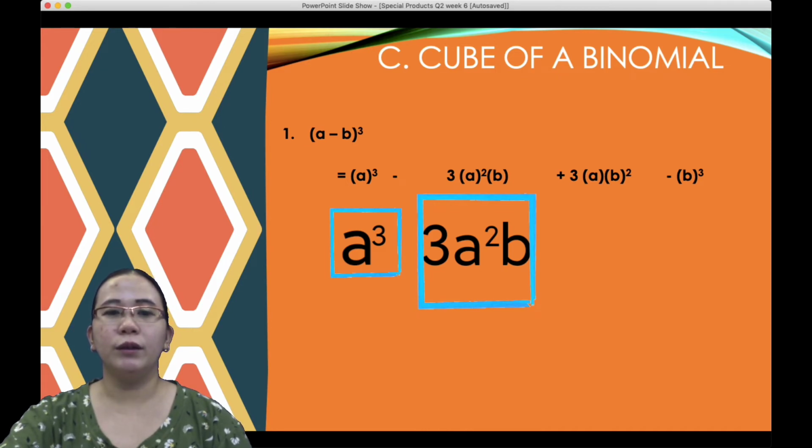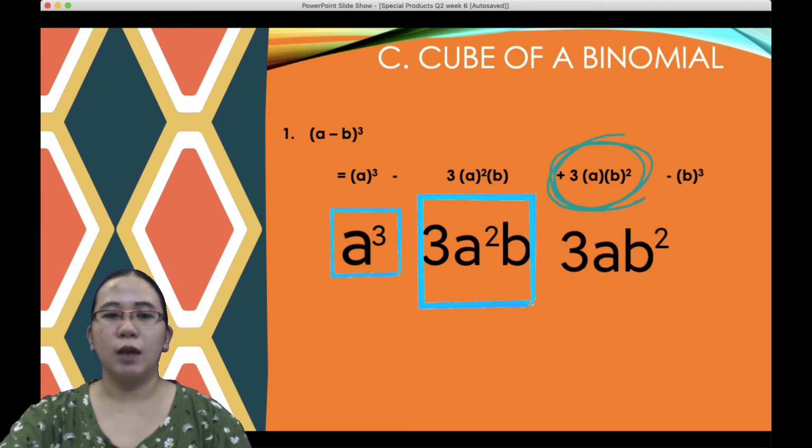Then, how to get the third term is 3 times the product of the first term and the square of the second term. Dito naman, sa third term, para mahanap natin yung third term, imumultiply naman natin ng 2 beses yung second term, hindi na yung first term.